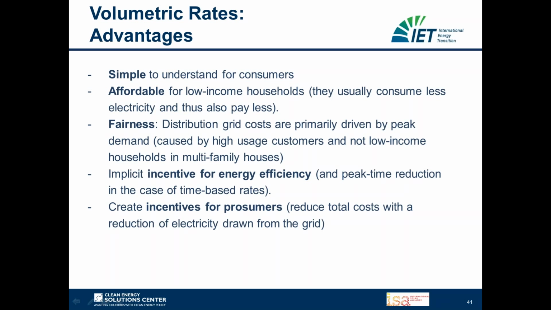And what you should also note is that in many countries, low-income households live in multi-house buildings, and therefore their electricity peak demand is normally not affecting overall system electricity demand. I already mentioned that they also provide an implicit incentive for energy efficiency and also create an incentive for prosumers.